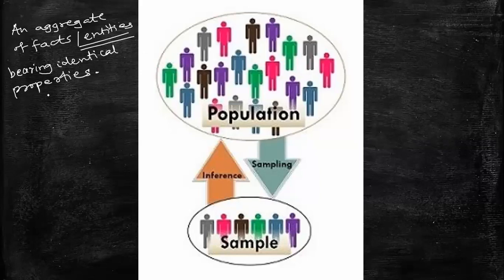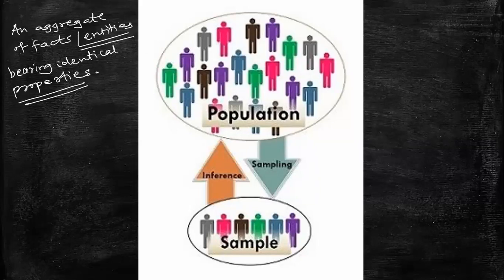So when we say a population of horses, we can understand that no other animal will be included, even man will not be included in that population. That is very obvious. So this is the definition of population.